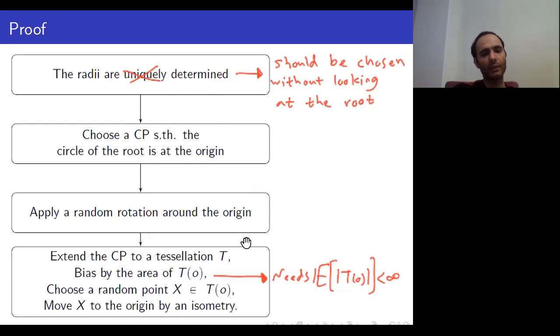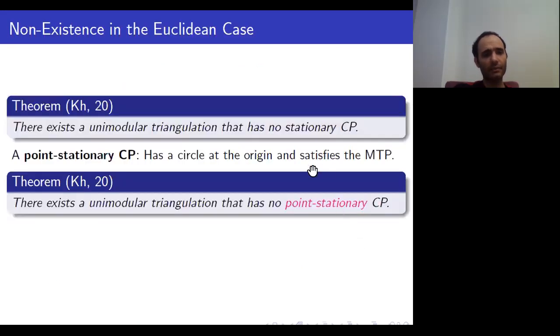At this stage, we call the CP point stationary, or a unimodular CP as defined by Benjamini and Timár. The next problem is that to convert it into a stationary CP, one needs that a certain set has finite expected area, which might fail.